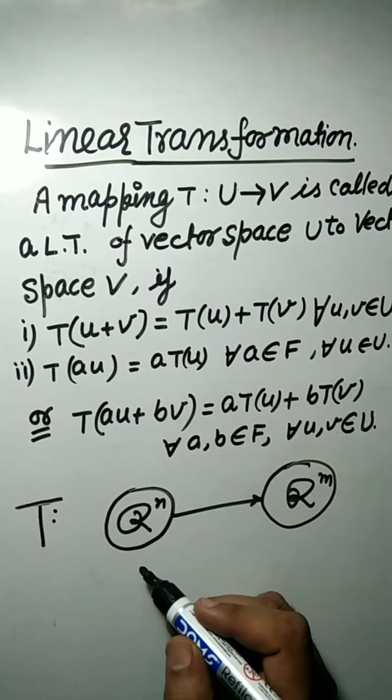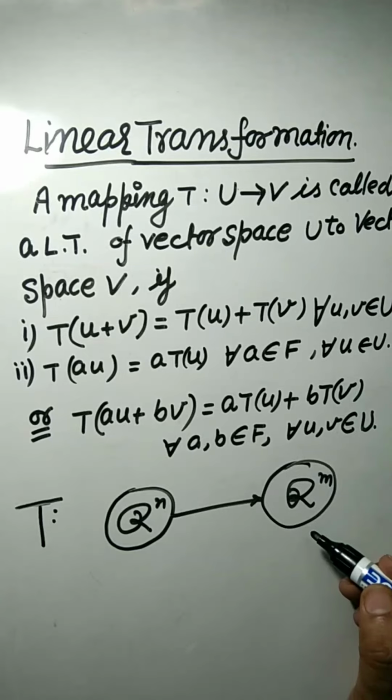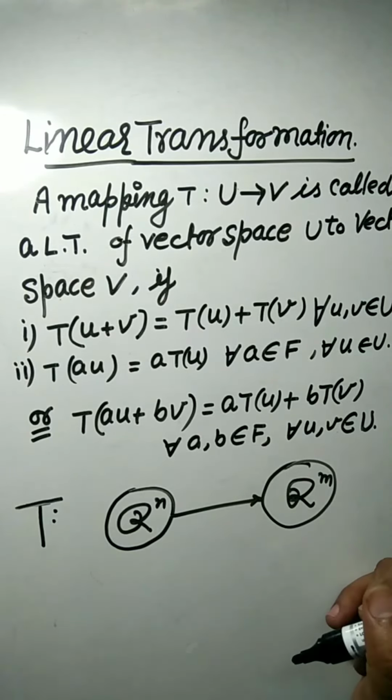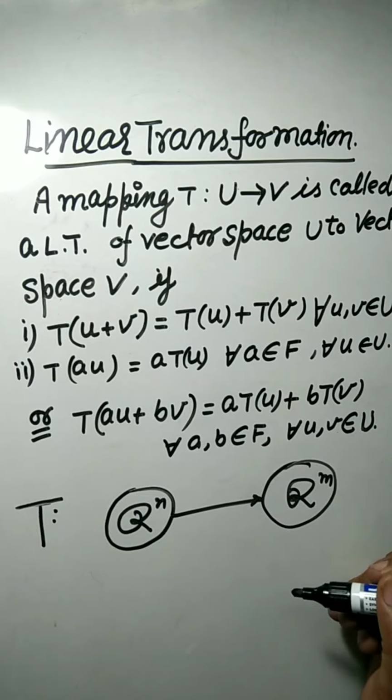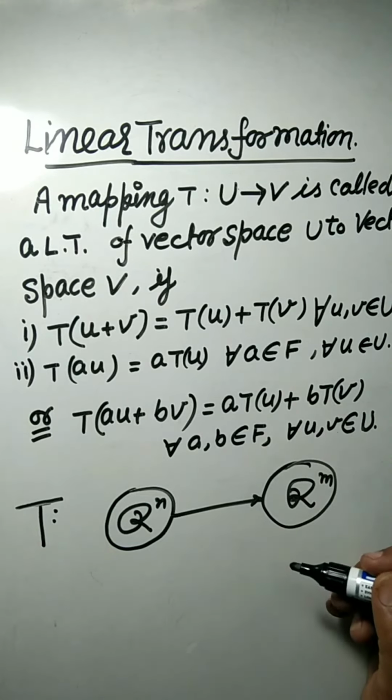This is an n-tuple of vectors, an m-tuple of vectors. And for a linear transformation, it must be well-defined.